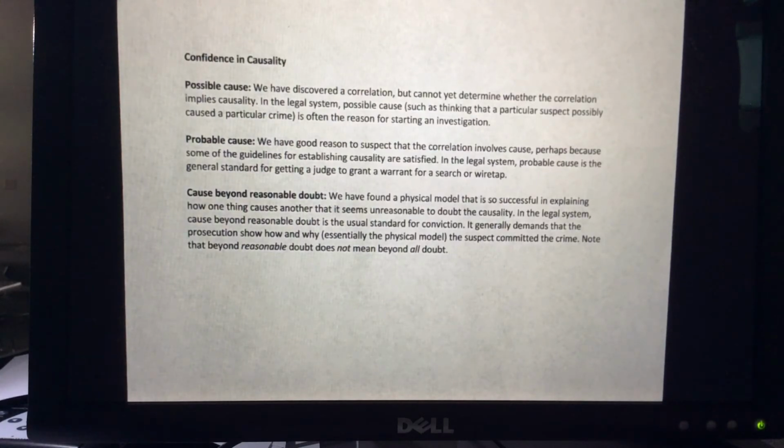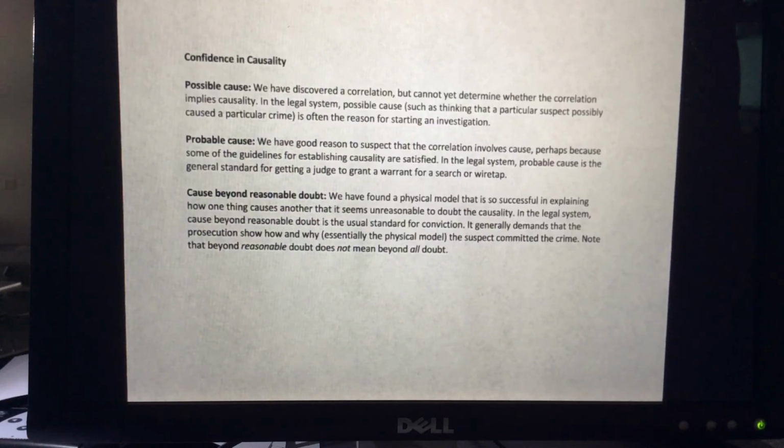Probable cause is this. We have a good reason to suspect that the correlation involves cause, perhaps because some of the guidelines for establishing causality are satisfied. In the legal system, probable cause is a general standard for getting a judge to grant a warrant for a search or wiretap.